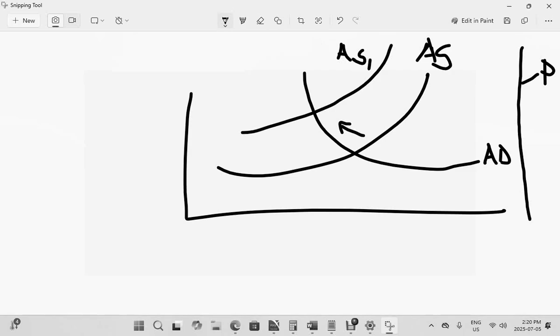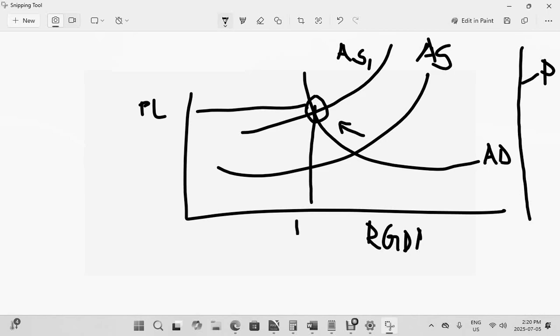And as it becomes AS1, your new equilibrium point means your price levels will go up and your real GDP, because this is real GDP over here, will go down. So your economy will shrink.